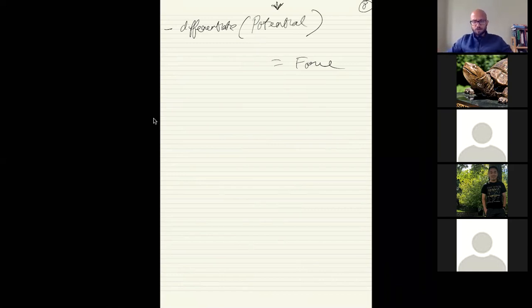But what I'm saying is, differentiate something and put a minus sign to get a force. What is the typical name for this thing in the bracket? Potential. Yeah, there you go. It's potential energy. When we differentiate a potential, we get a force.